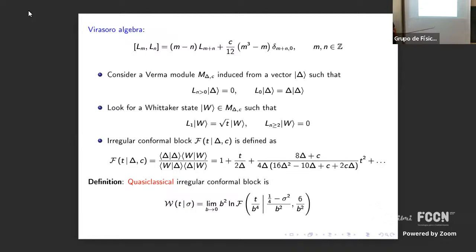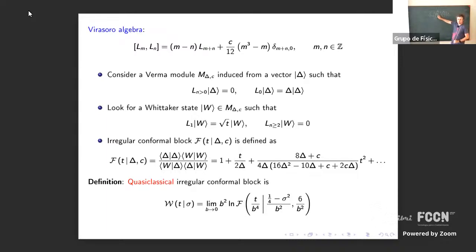In the regular case, the relevant conformal block would be something like this. You have two highest weights, delta infinity and delta naught, and you insert here two vertex operators, one located at t, one located at 1, with delta infinity and delta 1. So it would be this function.